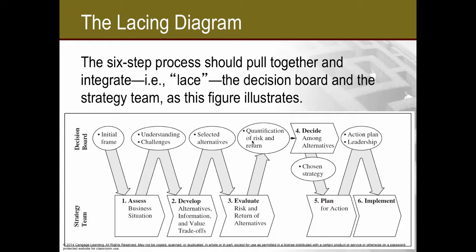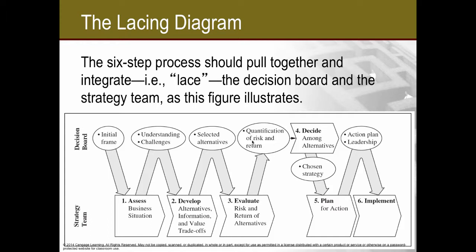Usually the decision board initiates and also provides the framework. Okay, you have the framework, this is the problem you're facing. It just gives the original idea and basically the initiation of the project or problem. And then there is some assessment, evaluating the business situation or the kind of business model, provided by the strategy team.